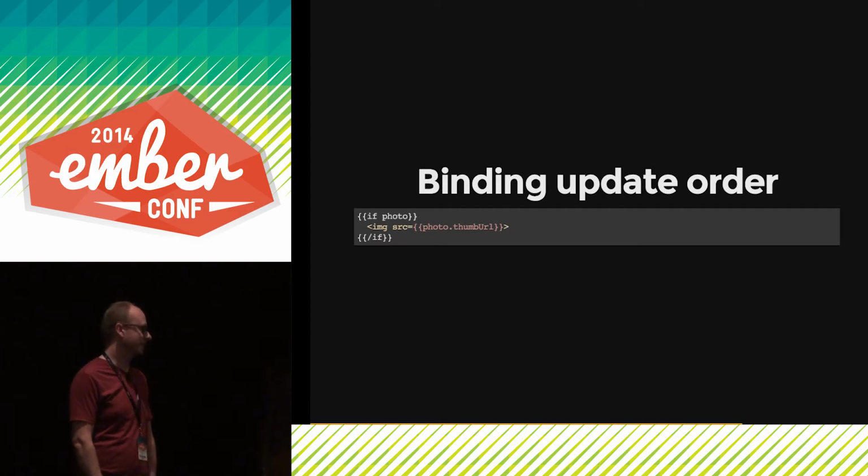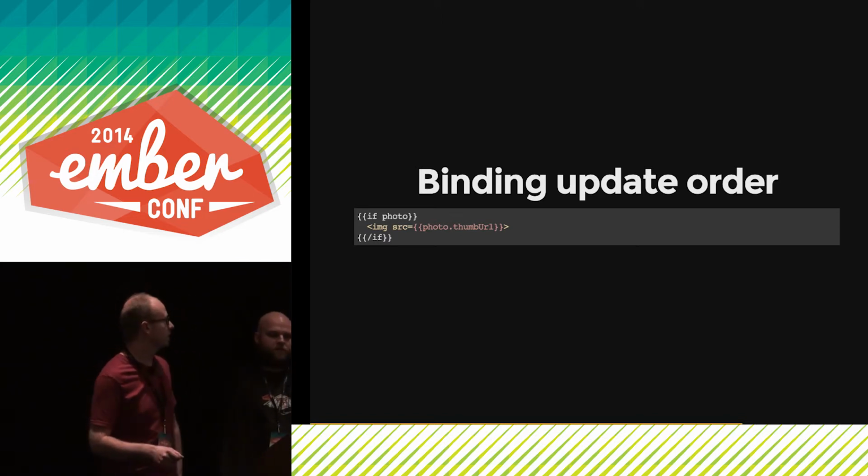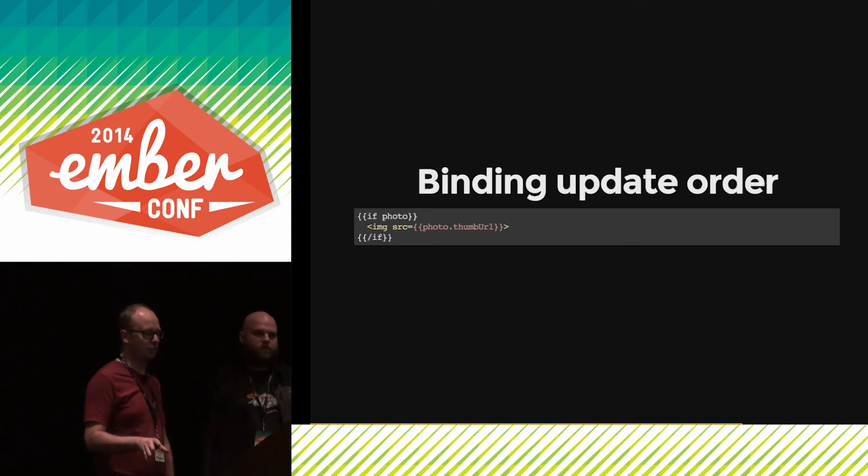One of the things that has always bothered me is that the binding update order has no understanding of hierarchy or priority. What happens in this example is, once it's rendered, what you really want is for photo to be notified before photo thumb URL, because you're going to destroy what's inside of that if it turns false.